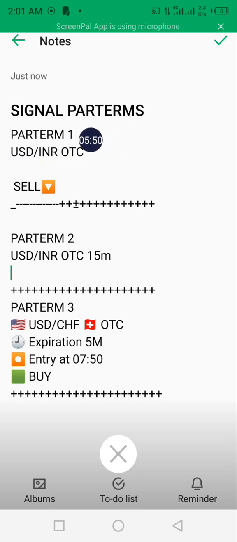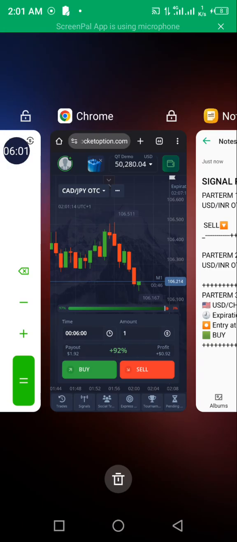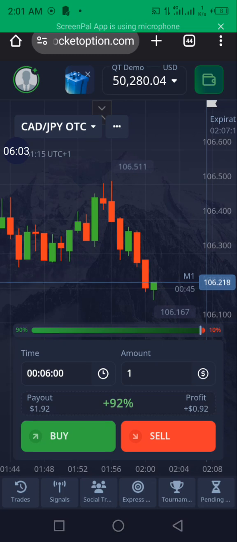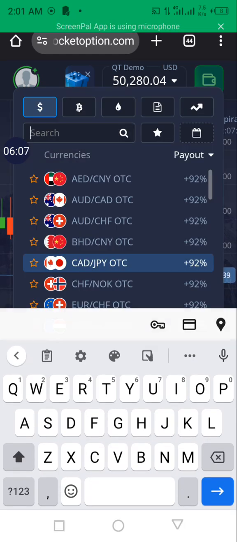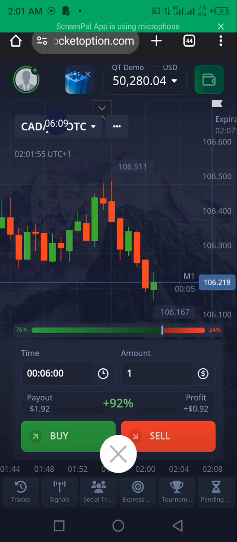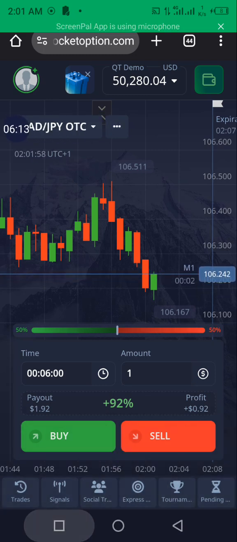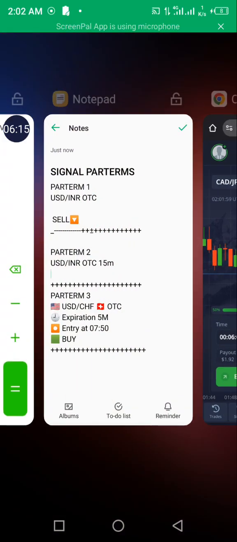When you enter a signal room and you are about to start trading, the pair will be given to you first, like this. You come here and click to select the pair you are trading. Let me check what they ask us to do there.